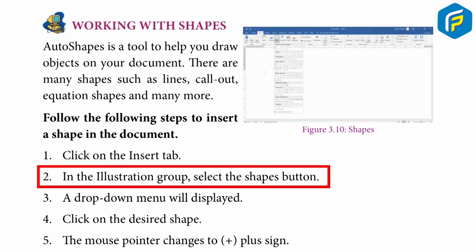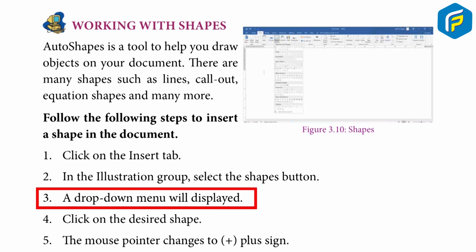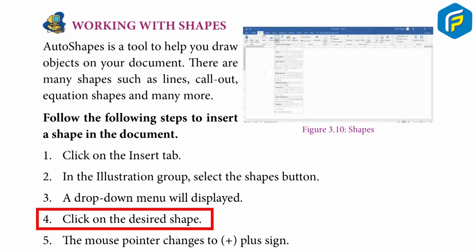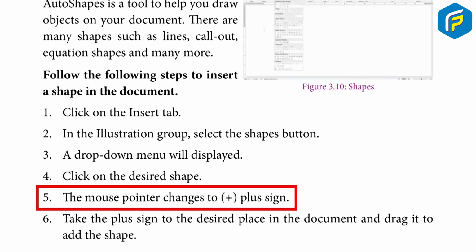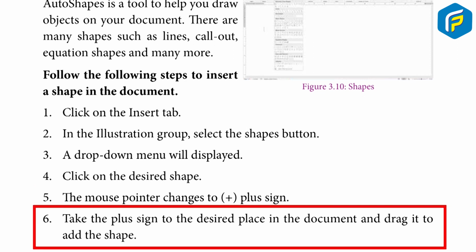In the Illustration group, select the Shapes button. 3. A drop-down menu will display it. 4. Click on the desired shape. 5. The mouse pointer changes to plus sign. 6. Take the plus sign to the desired place in the document and drag it to add the shape.